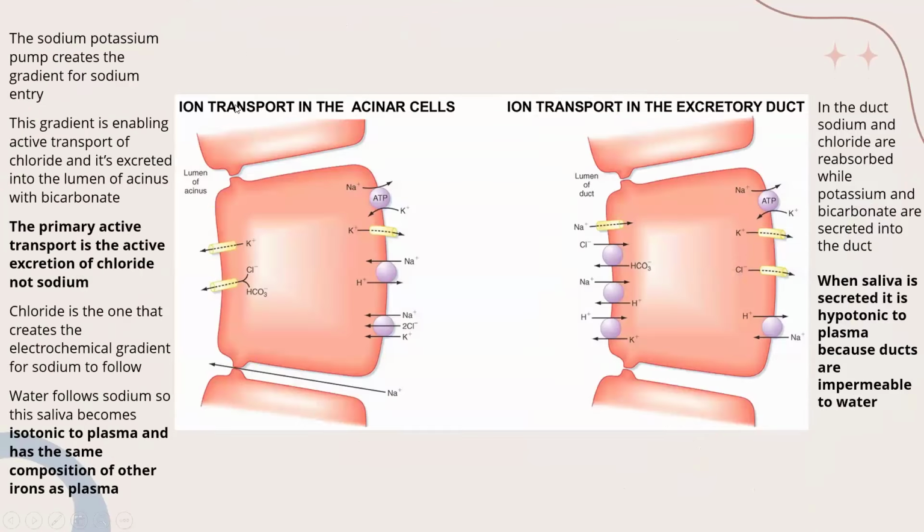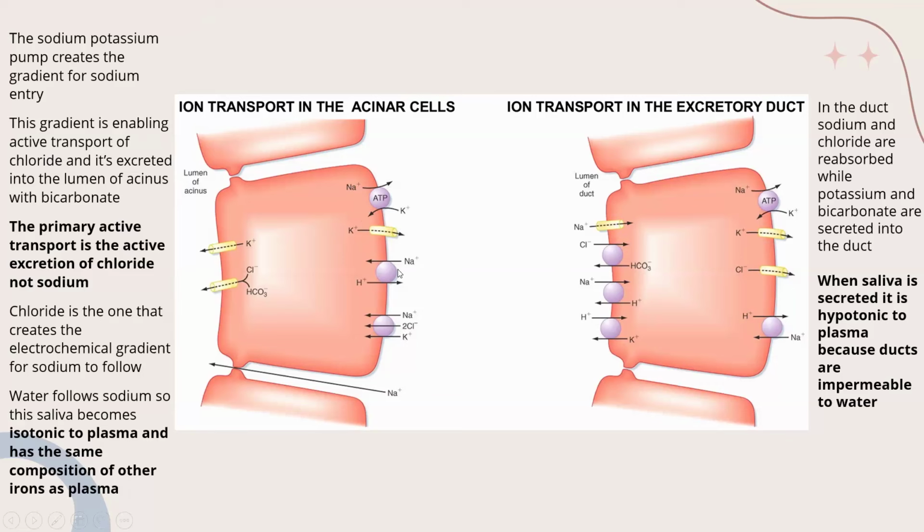Basically here, we have the ion transport in the acinar cells and the ion transport in the excretory duct. Let's start with the acinar cells. In the acinar cells, we have the sodium-potassium pump. The sodium-potassium pump is what creates the gradient that helps the Na-2Cl-K cotransporter to work, because as you can see, when the Na leaves the acinar cell and the potassium enters, this will pave the way for more Na to enter.